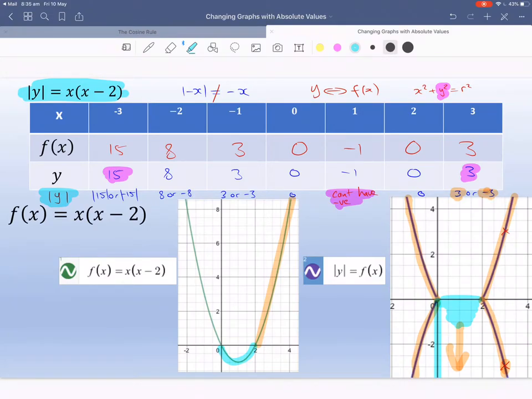That's the main thing that you've got to remember, and that's because the absolute value of y cannot give you a negative number. So that's why it's not possible to have a part of the graph that exists there.